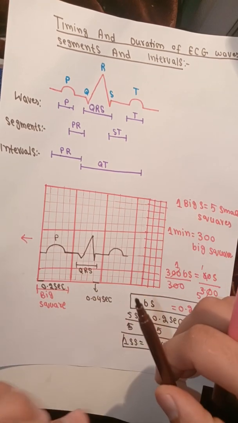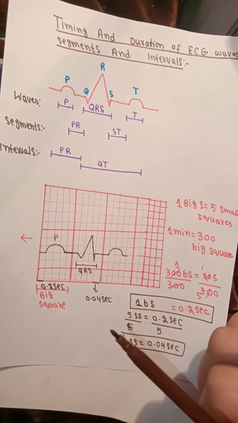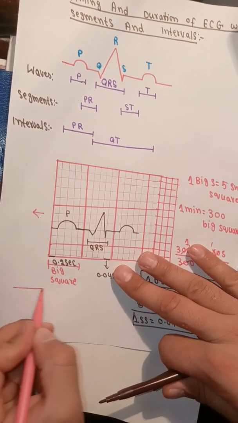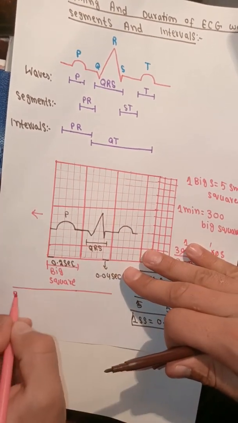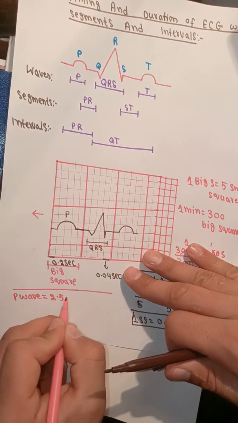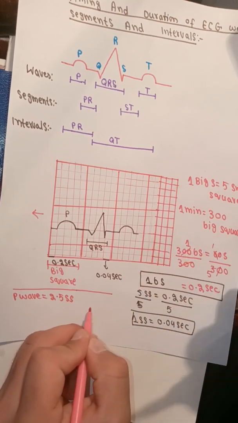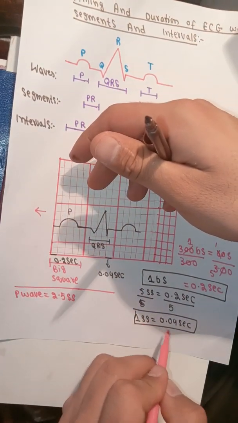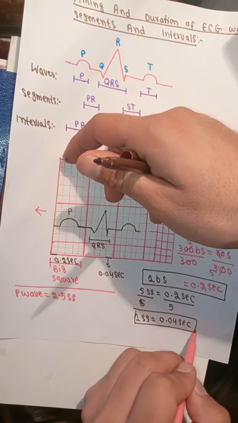Now I am going to draw the P wave calculation. Here I am doing the P wave calculation. So the P wave is equal to 2.5 SS, meaning small squares.